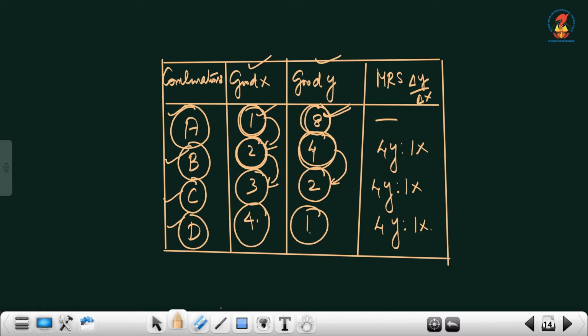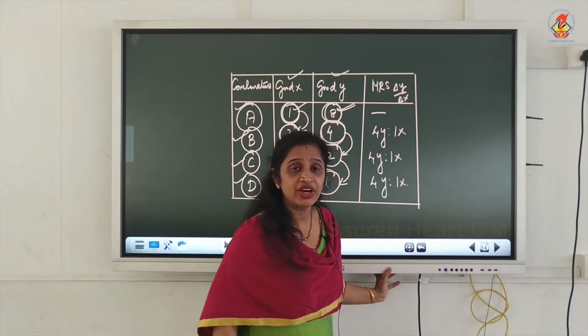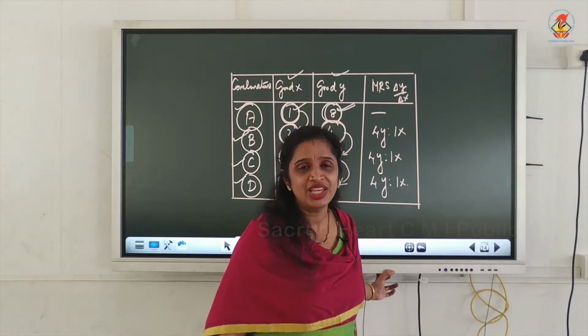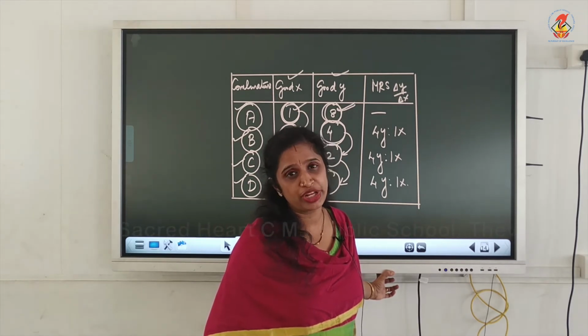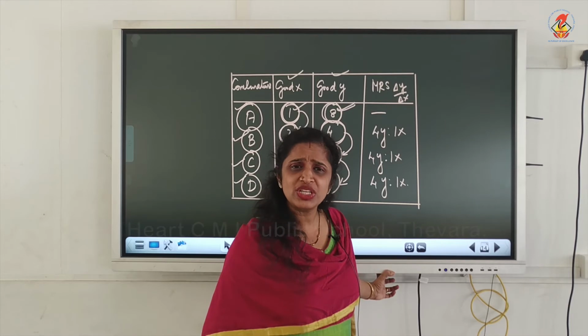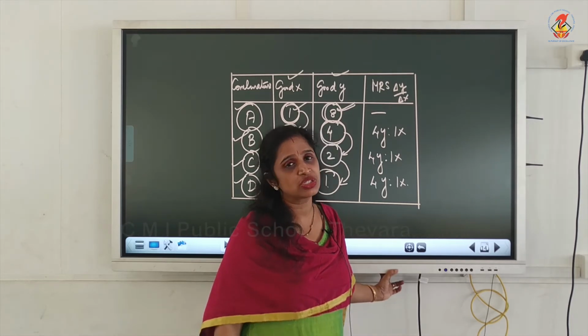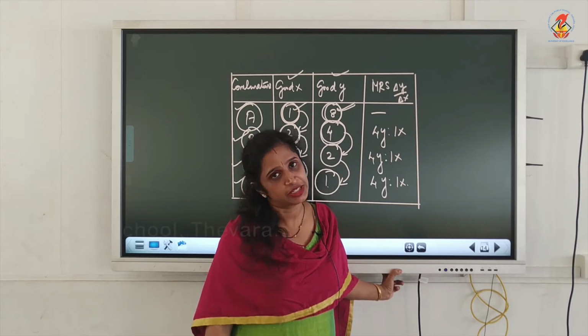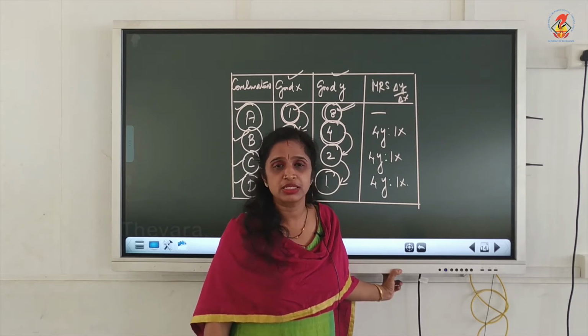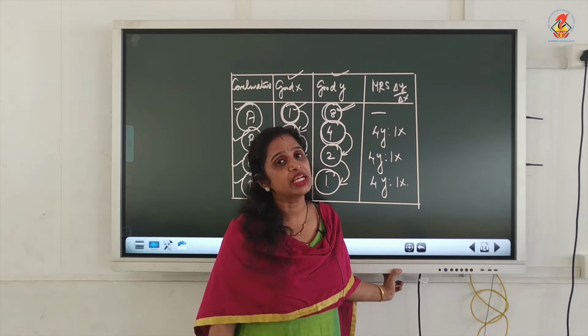Again, in the next combination D, in order to increase X from 3 to 4, Y is decreased from 2 to 1. So, there is a sacrifice which is happening for Y in order to increase X. So, these are the different combinations of two commodities which give the same level of satisfaction to the consumer. Consumer is okay with any kind of combination over here. This is the basic assumption on which the theory is based.